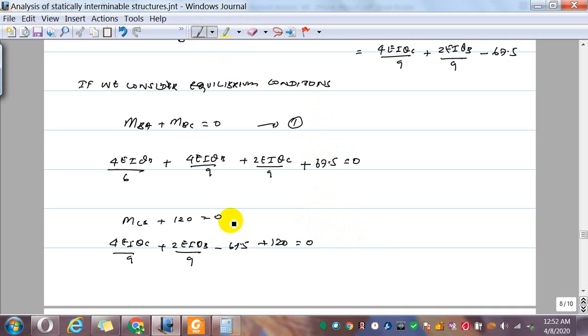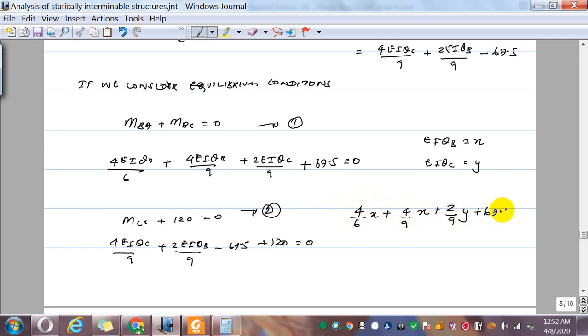So now if you consider these two equations, we have two equations and two unknowns. EI is constant. So let us put it this way: EI theta B is equal to x, EI theta C is equal to y. So this will make it more familiar. So now 4 over 6 x plus 4 over 9 x plus 2 over 9 y plus 67.5.